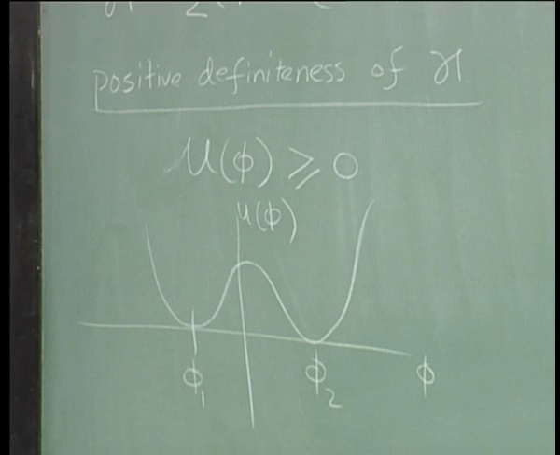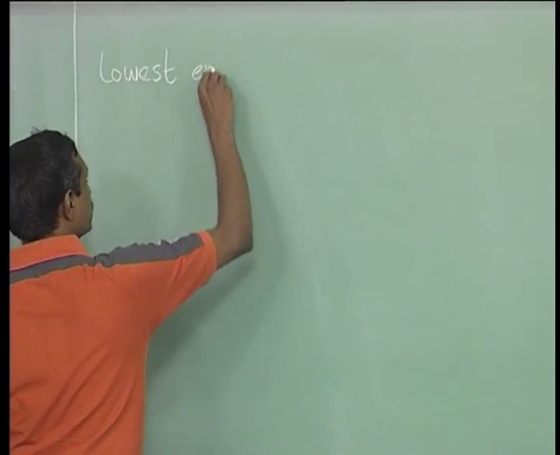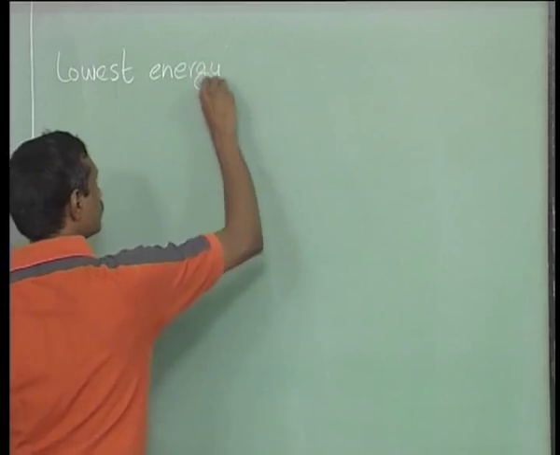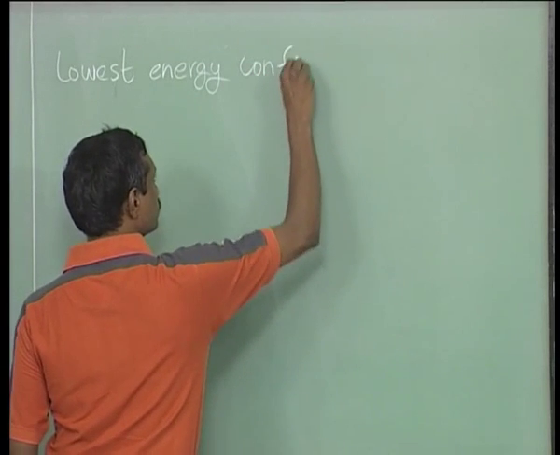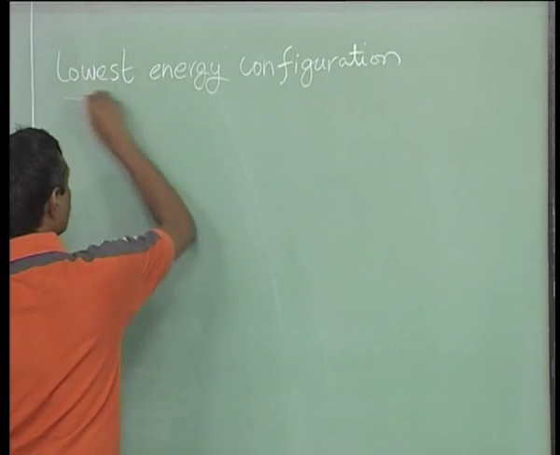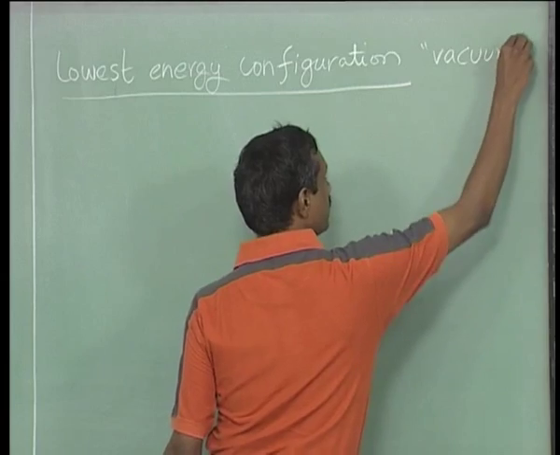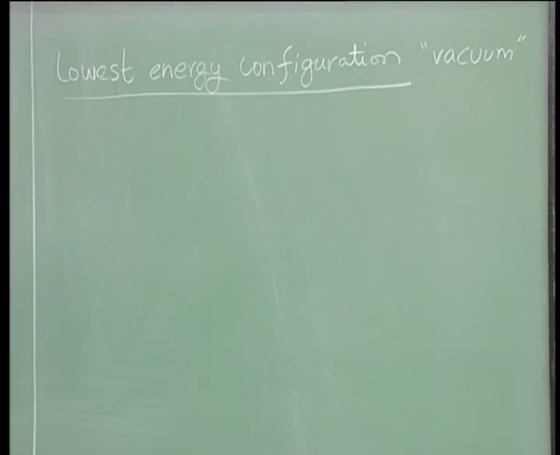Okay. So, let us look at the lowest energy configuration for this. Sometimes this is called the vacuum configuration. This terminology is borrowed from quantum field theory, but we will just call it the vacuum.